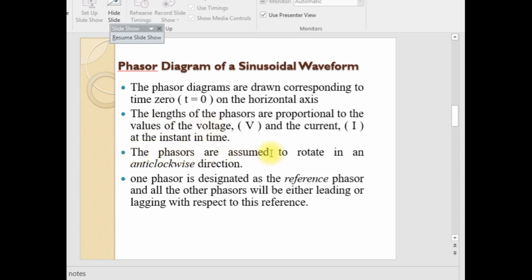The phasors are assumed to rotate in an anti-clockwise direction, which is considered to be the positive direction. One phasor is designated as a reference phasor, and all other phasors will be either leading or lagging with respect to this reference. And generally, for circuit analysis, the lengths of the phasors are taken corresponding to the RMS values, that means maximum value divided by root 2.